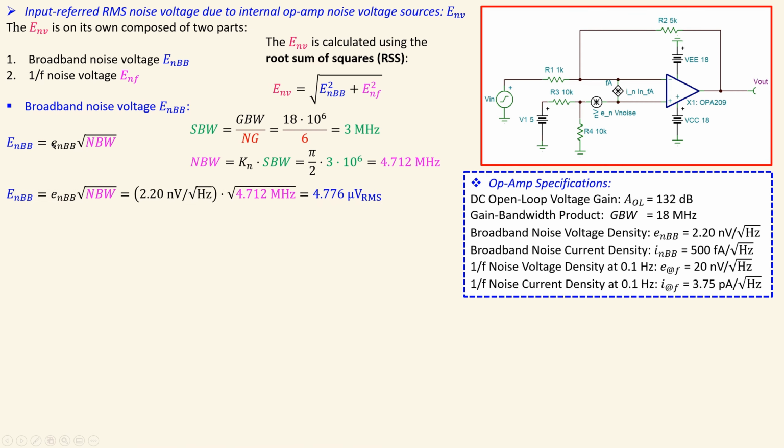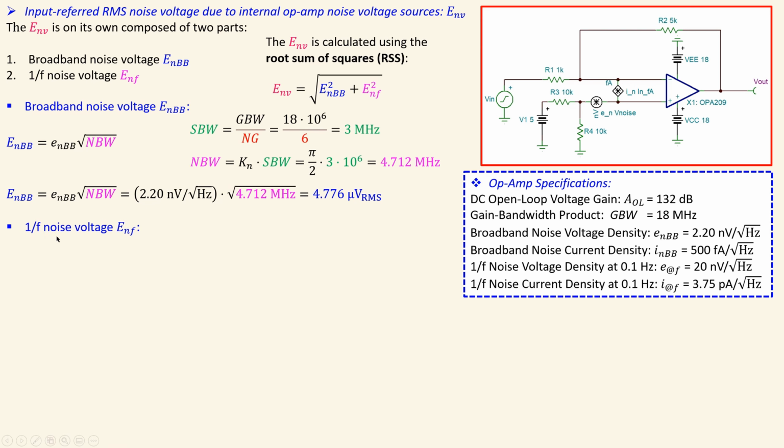If I now substitute the values, this is E sub NBB, shown here, 2.20 nanovolts per root hertz, and the square root of that noise bandwidth, you will get very close to 4.776 microvolts RMS. That's the first part, the broadband noise voltage.